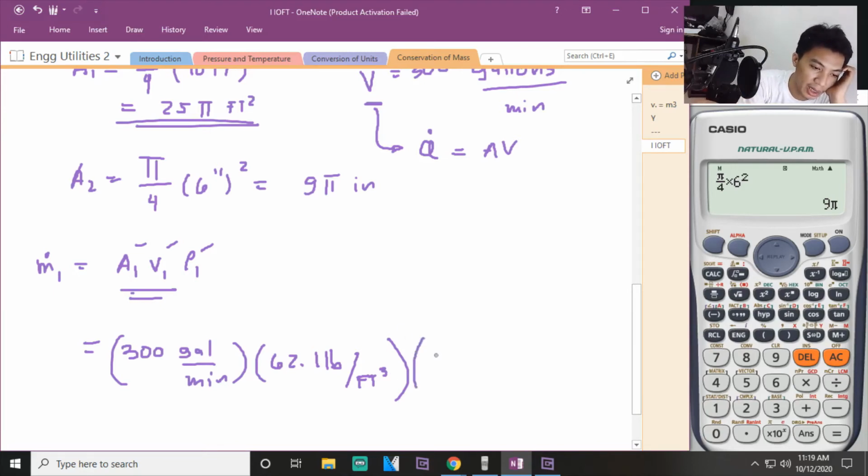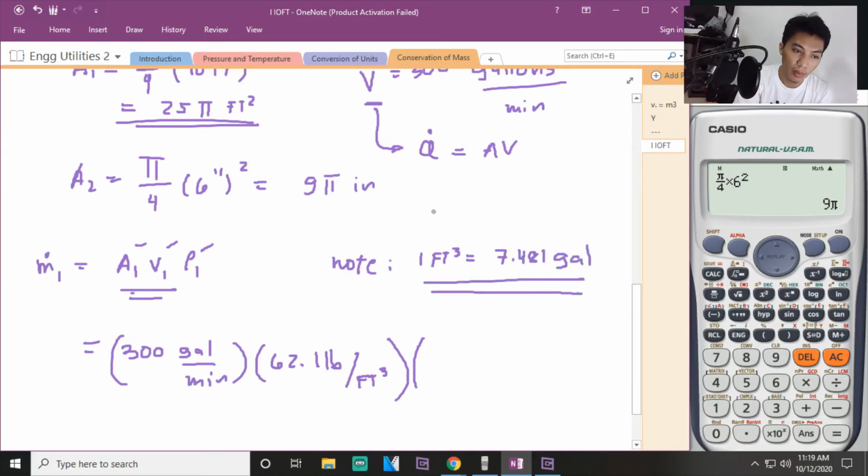My friends, tandaan nyo, note, for conversion of unit: 1 cubic foot is equal to ilang gallon? 7.481 gallons per 1 cubic foot.